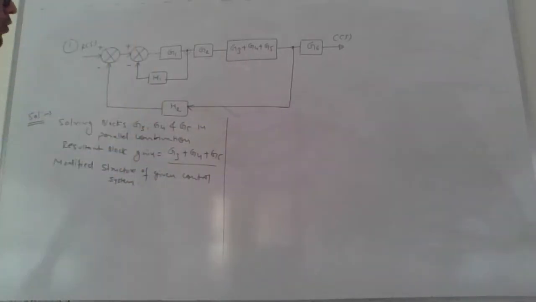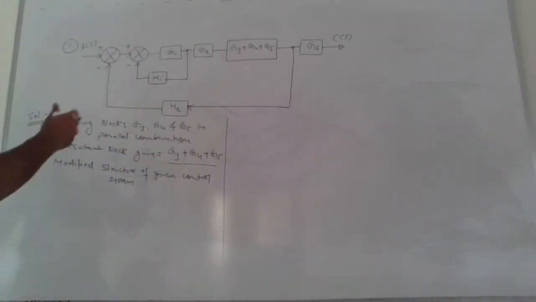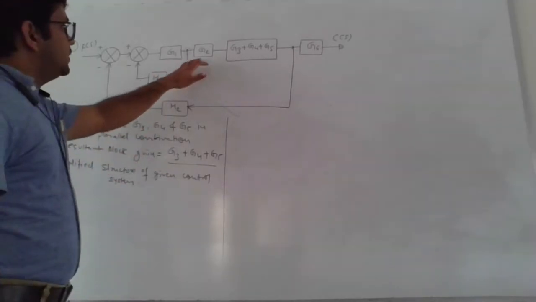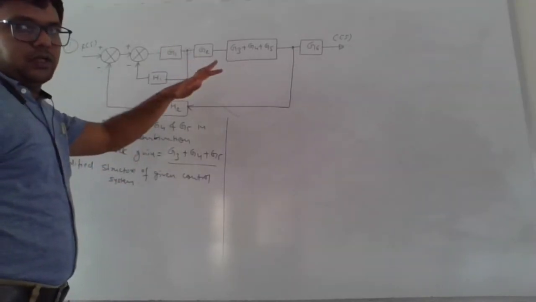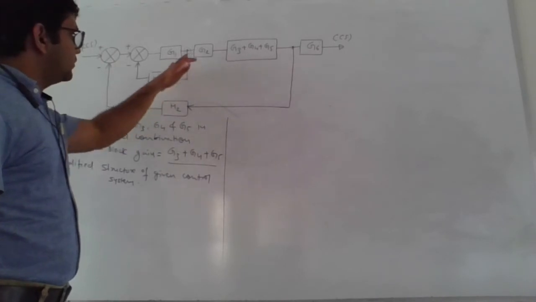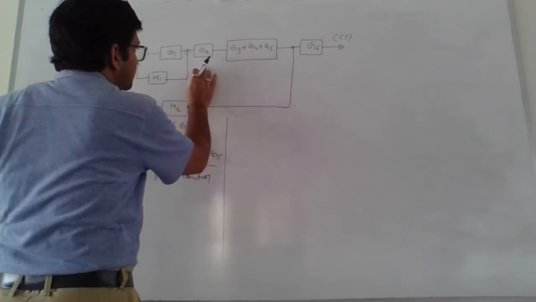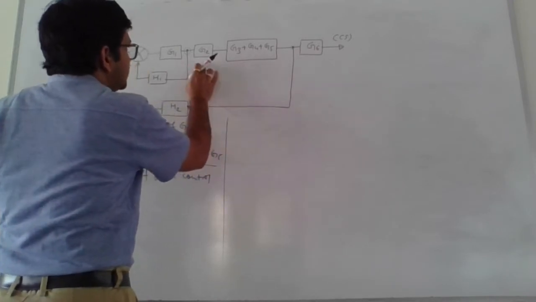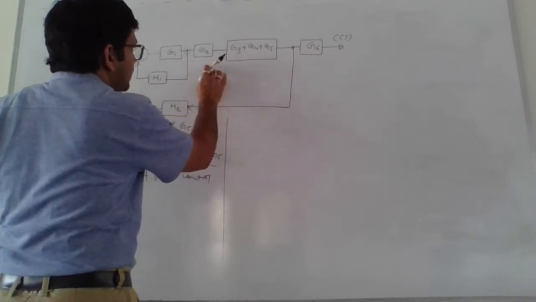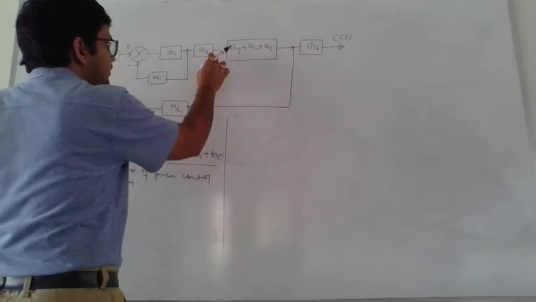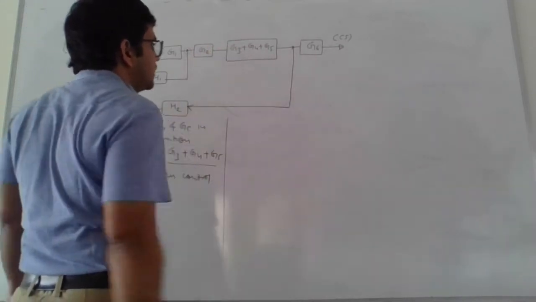Now again we need to observe whether they are in series or in parallel combination. Now again G1 and G2 are not in series combination because we have a tapping of the feedback path over here. But if you observe the connection of G2 and this block, they are in series combination because they are connected back to back and do not have any summing point or takeoff point in between them.